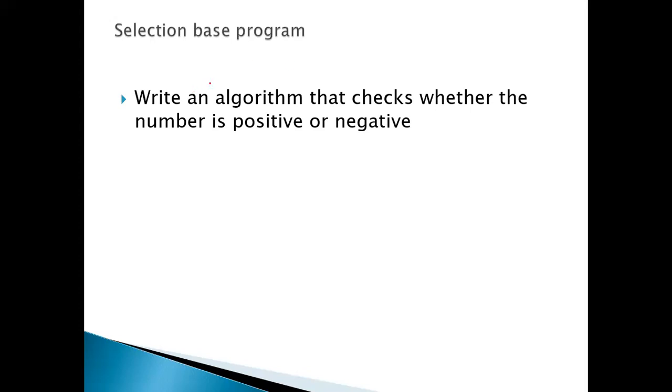Okay. Tell me from a math point of view. Do you have expertise in math? How can you tell? If the number is less than 0, then it's negative. Okay. And if the number is more than 0, then it's positive.